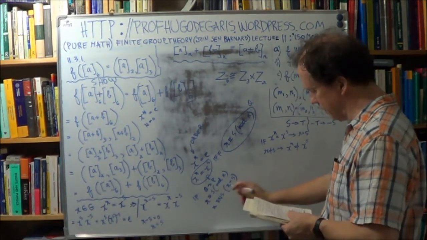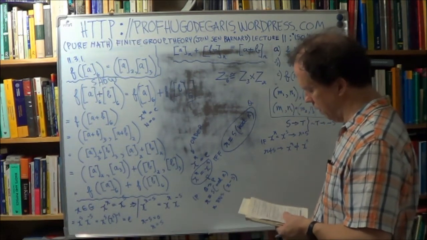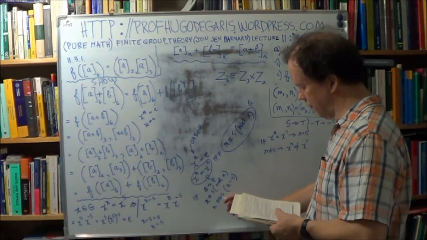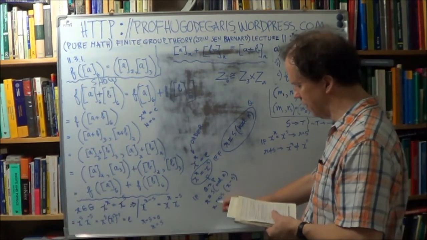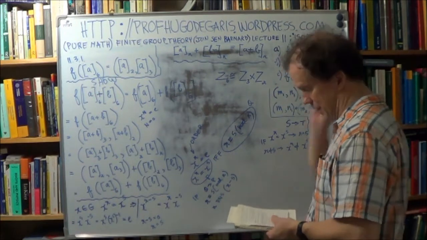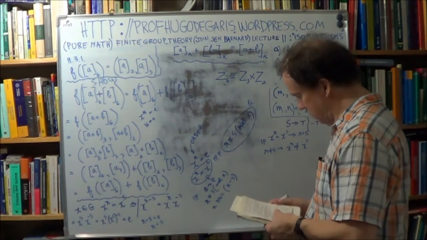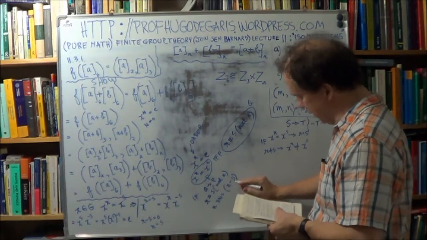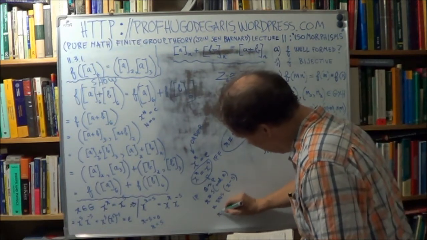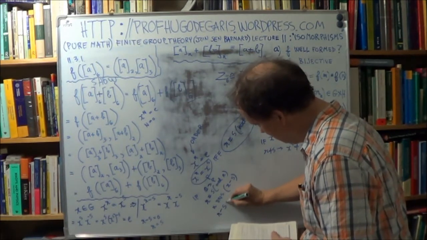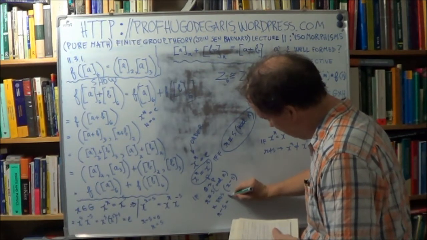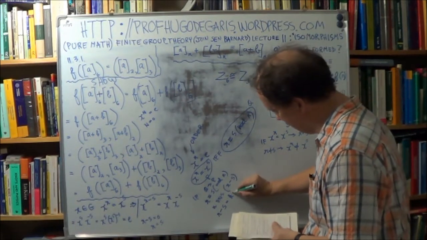Okay, that's the definition of two congruent numbers. If mod n, that means that n divides r minus s. So that means this r minus s you can write in the following form. So r minus s is some integer k times n.